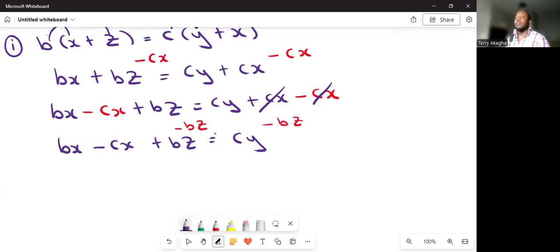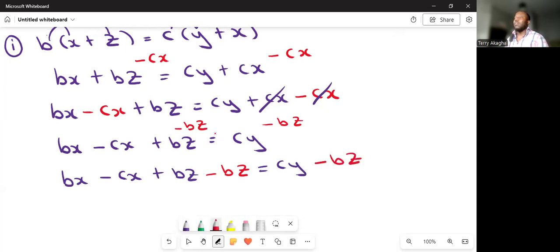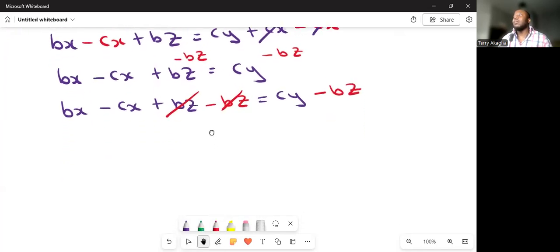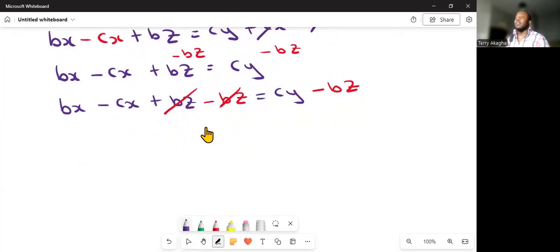So we have bx minus cx plus bz minus bz will be equal to cy minus bz. This will cancel that. Then at the end of the day, we have bx minus cx is equal to cy minus bz. So now you can see all the x's on one side of the equation and all the other variables on the other side.